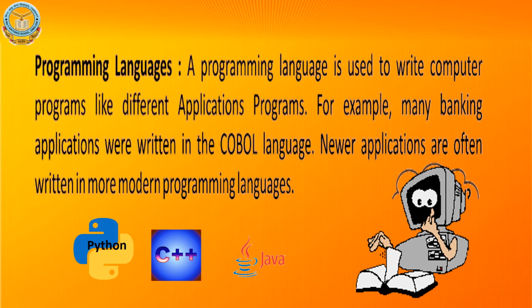And nowadays, Python is also a very popular language. Programming languages are used to write computer programs like different application programs. For example, many banking applications were written in the COBOL language, and newer applications are often written in more modern programming languages.